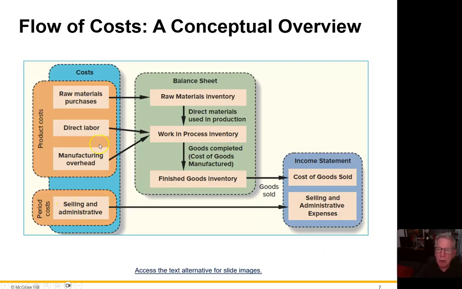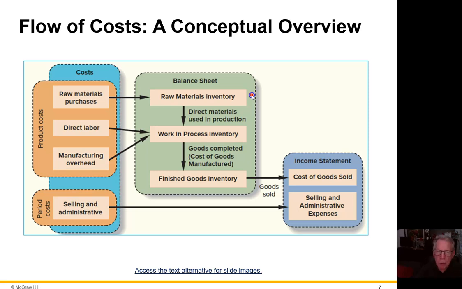Now, here's a diagram of how that all works. Here is the raw materials purchases, the direct labor, and manufacturing overhead. On the balance sheet, we'll see raw materials inventory that has not yet been moved into work in process inventory.